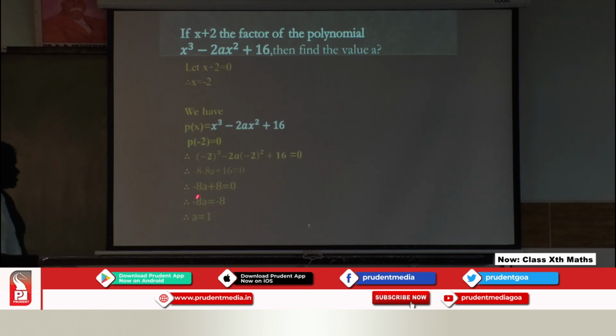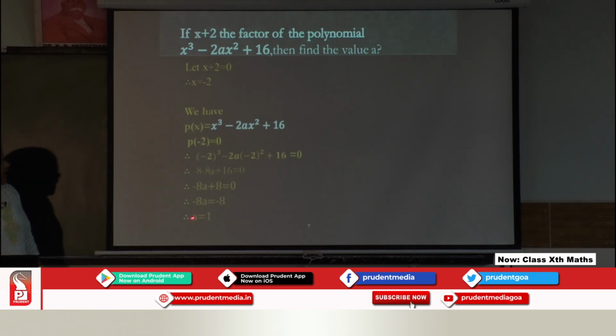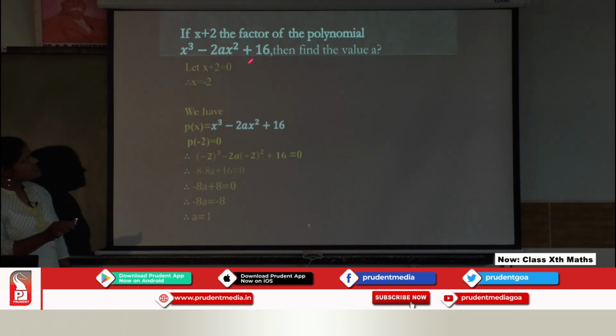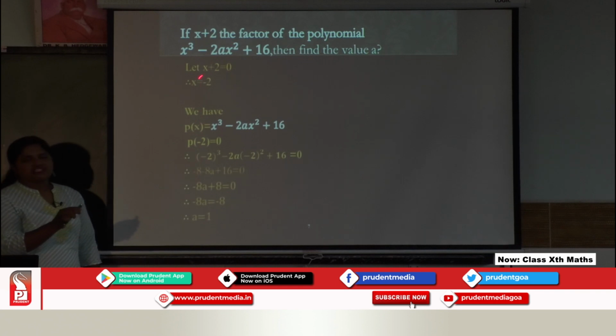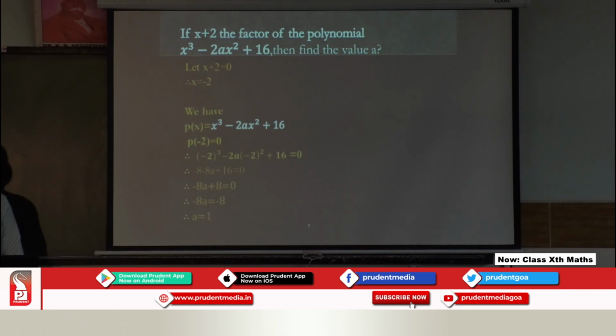So after cancellation, both this negative 8 and negative 8 will get cancelled. So you are left with a is equal to 1. So the value of a for this polynomial is 1 when the factor of this polynomial is x plus 2, that is, x is equal to minus 2.